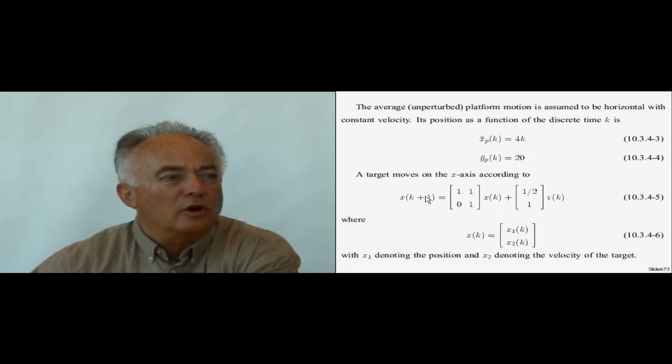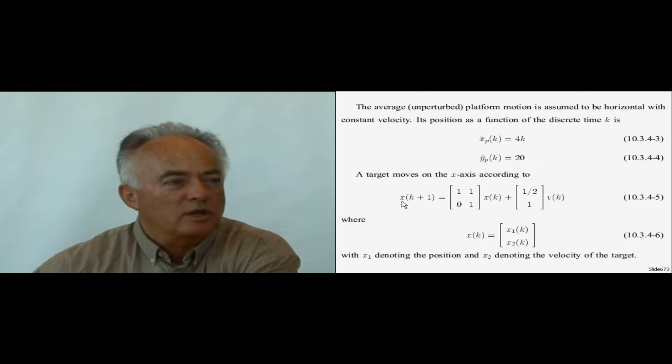And the motion of the object of interest, the target, is on the x-axis and is described by the state vector x consisting of x1 and x2, position and velocity along the x-axis, which evolves with unity sampling interval according to this equation. Transition matrix is 1, 1, 0, 1.